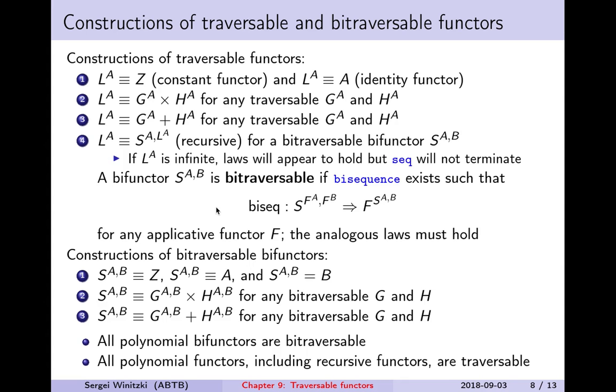Now, the question is, which bifunctors are bitraversable? And the answer is the same. All polynomial bifunctors are bitraversable. Now, we see without recursion, these constructions 1 to 3 are constructions that allow us to get any polynomial functor with arbitrary types in it.